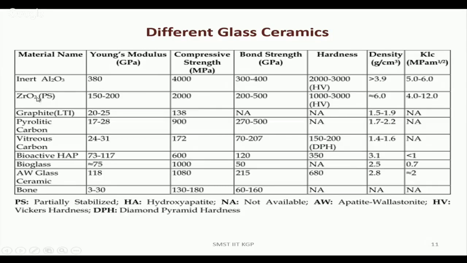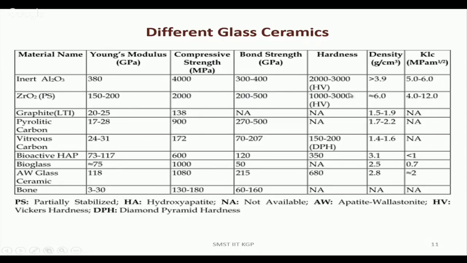Zirconia, see PS, partially stabilized zirconia. You have fully stabilized zirconia and partially stabilized zirconia. Zirconia has Young's modulus of about 150 to 200 GPa, and a compressive strength of 2000 MPa. I think it could be even higher.